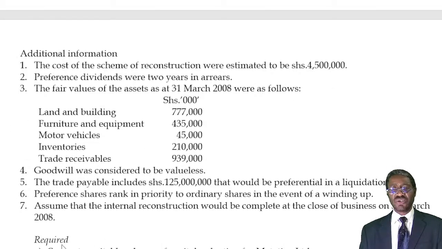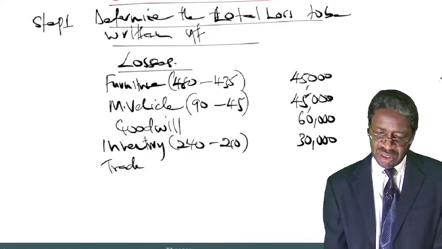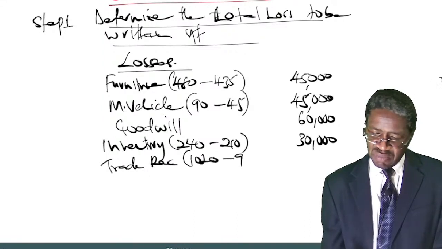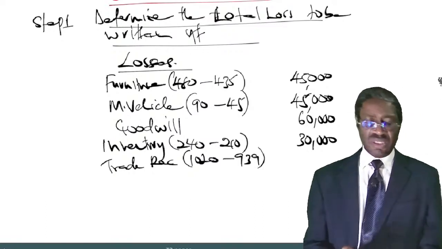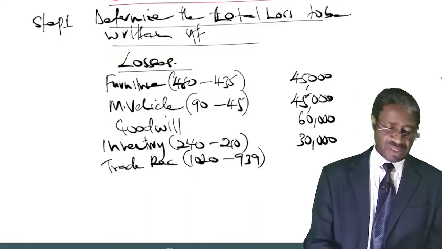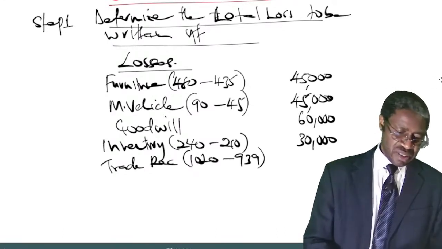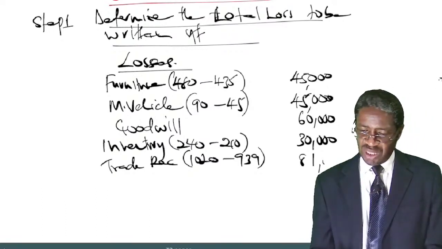According to the additional, the fair value is 939, another loss. So come and see trade receivables. We can put in bracket 1020 minus 939. So what is the loss in terms of figures? 1020 minus 939 looks like a loss of 81. Good.